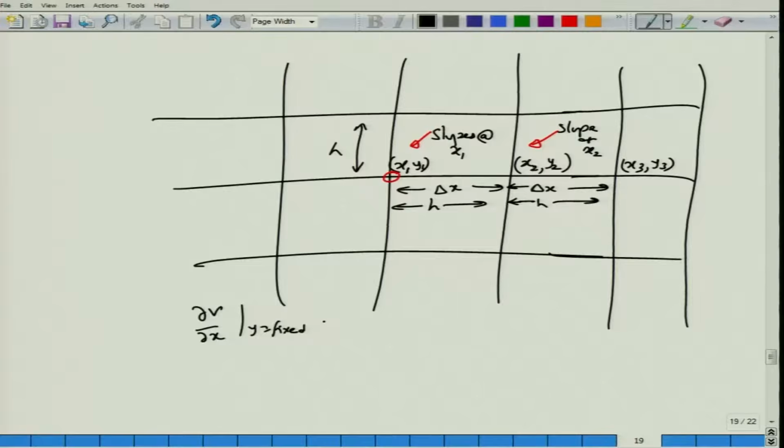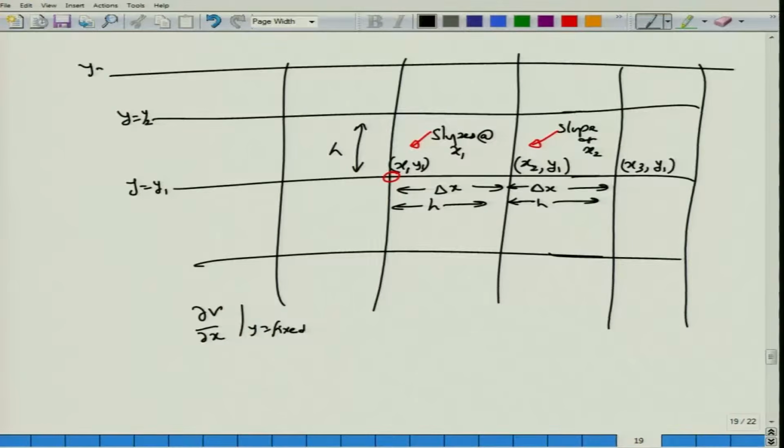Along there is a small mistake which I made. So this is actually the point x2 y1, x3 y1, because this is the line where y is equal to y1, this is the line y equal to y2, and on top there will be another line y equal to y3 and so on. This line is x equal to x1, x equal to x2, x equal to x3 and so on.